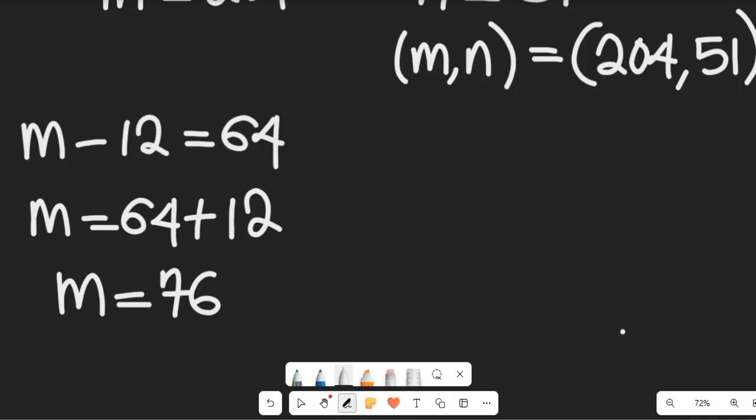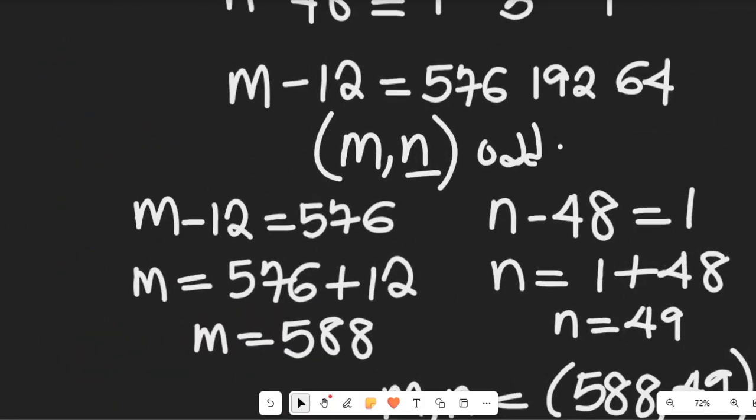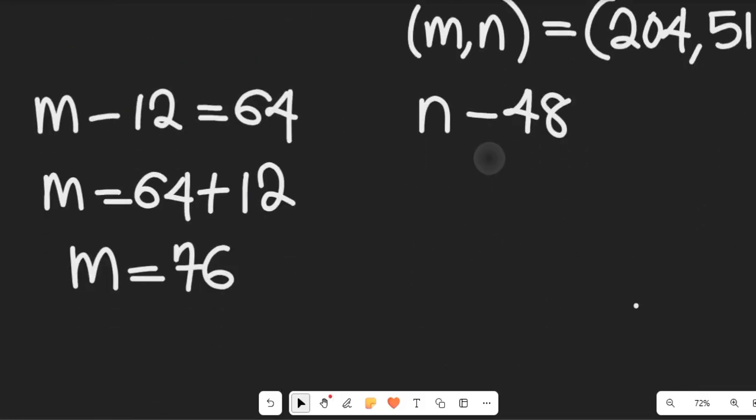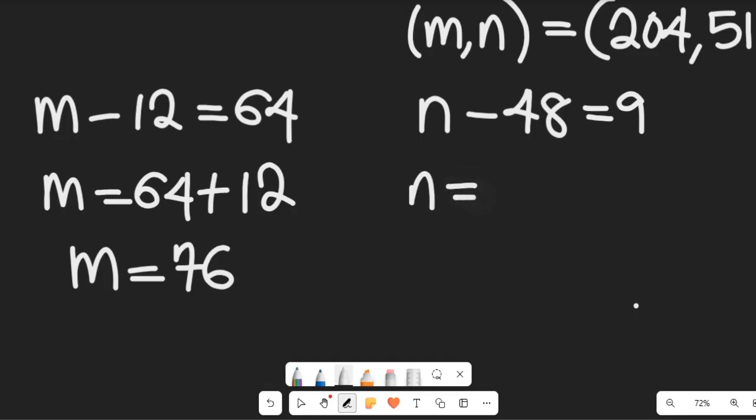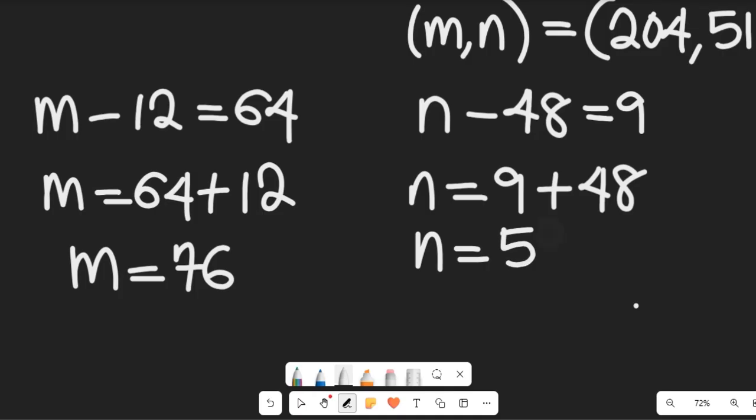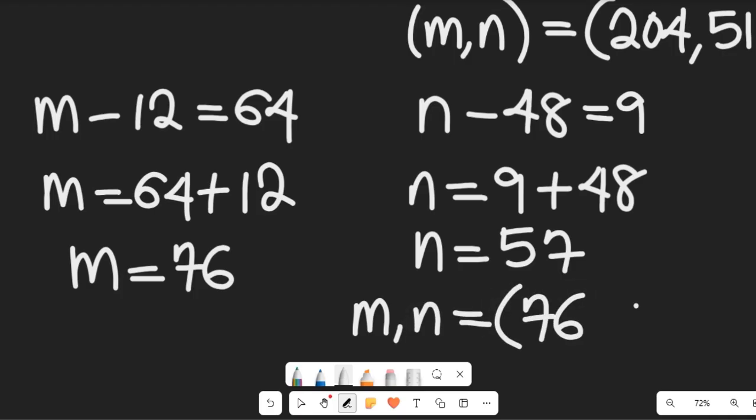Now from the other expression, we'll have n minus 48 equal to the other pair, which is 9. So if we have that to be equal to 9, then our n will be equal to 9 plus 48. And 9 plus 48 will have our n to be equal to 57. So if n is equal to 57, then we'll have our m comma n, which is the final pair, to be 76 and 57.